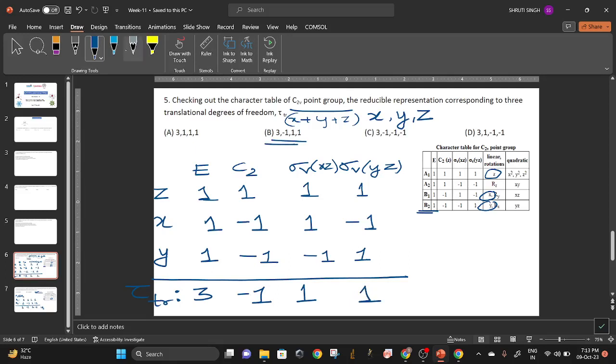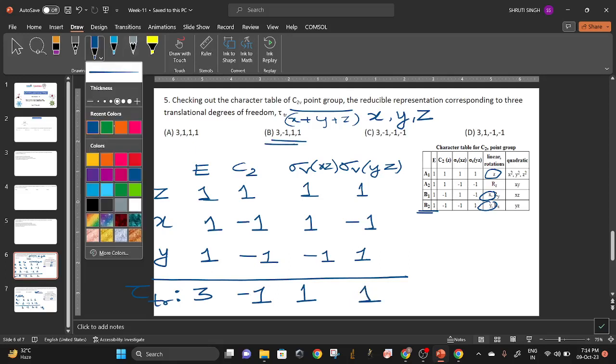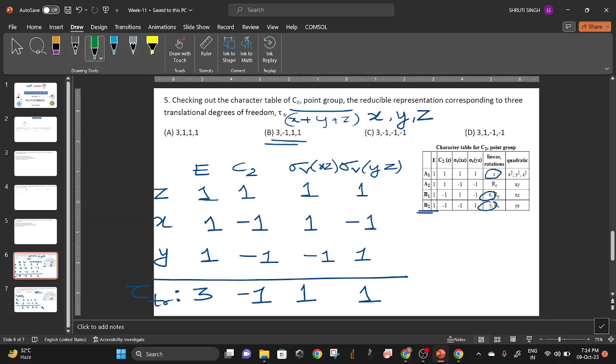And what could be the reverse question? The reverse question could be, this is tau translational, and now you have to break it in terms of irreducible representations. This is a reducible representation, right? So when you break it into a linear combination of irreducible representations, what should you get?